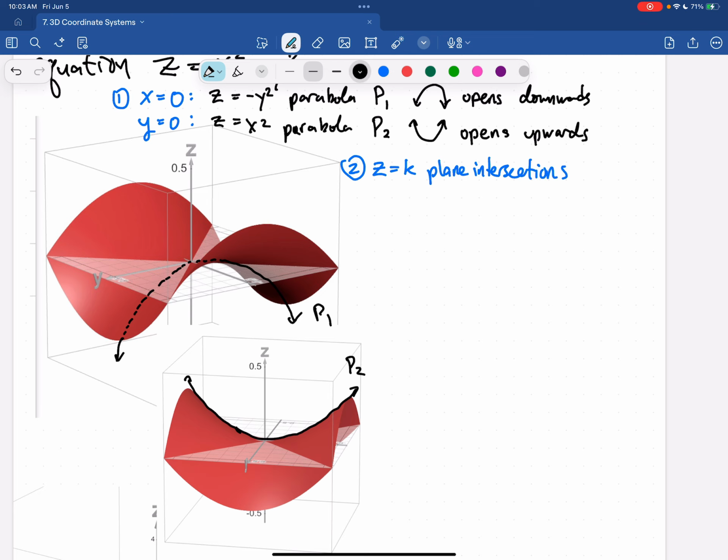Intersections here, let's say we've got k, then instead of z, if k is equal to x squared minus y squared, then we get three types of hyperbola. And it all depends on if k is positive or negative or 0.